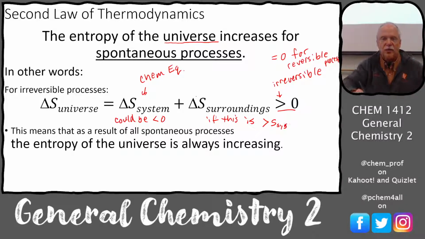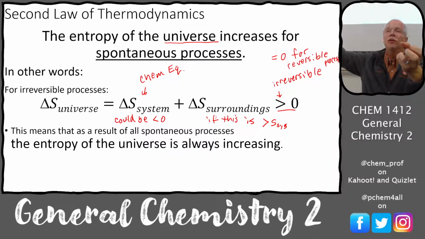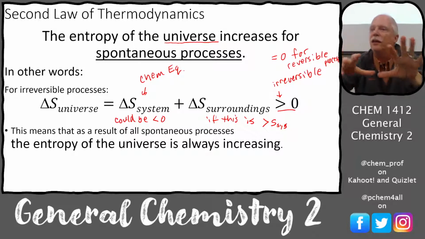Okay, so if I go down in entropy, that means the system's becoming more ordered, and we'll talk about what entropy means. The system could become more ordered if the surroundings become much less ordered. Okay, so we'll explore that a little bit later when we talk about freezing ice in your freezer.